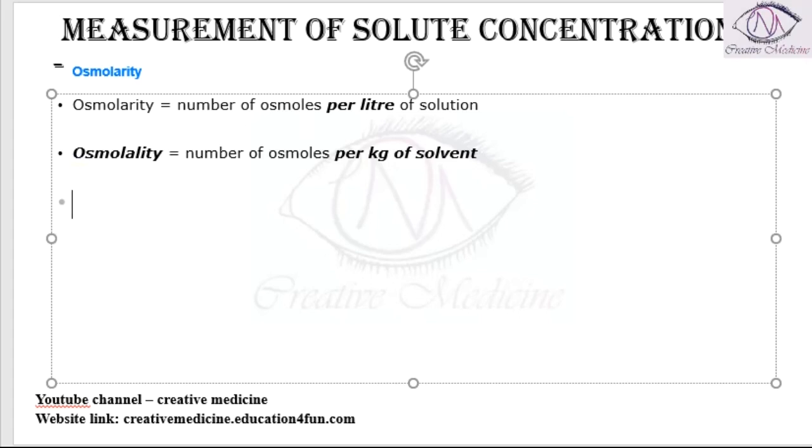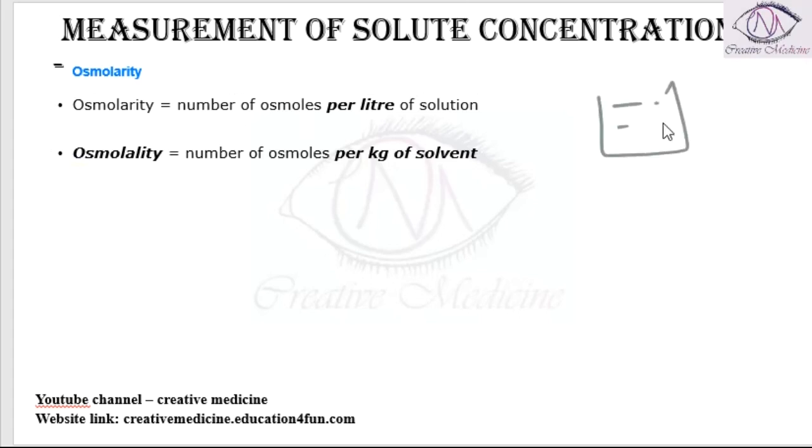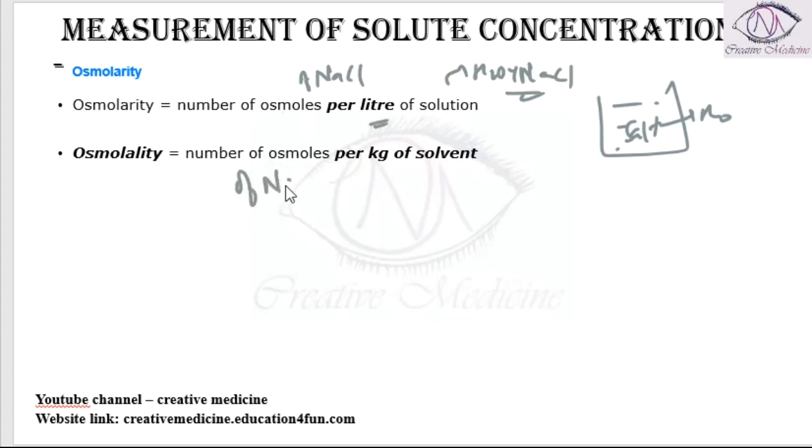That means if there is salt present in water, then osmolarity is the number of osmoles of NaCl present in 1 liter of water plus NaCl, that is solution. Whereas osmolality of the same NaCl is the number of osmoles of NaCl per kg of only water, not NaCl.